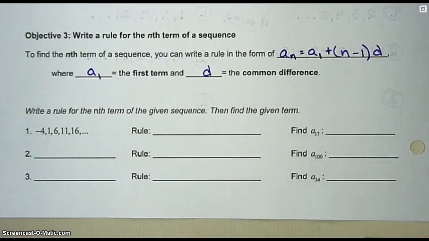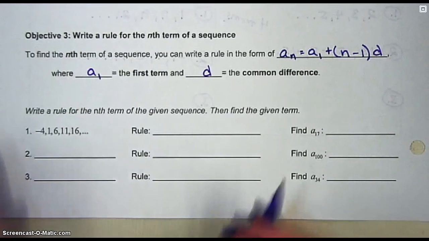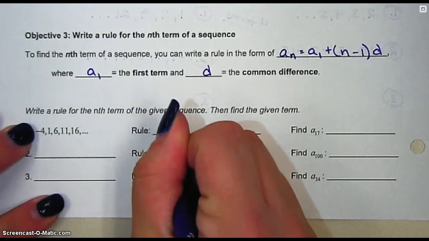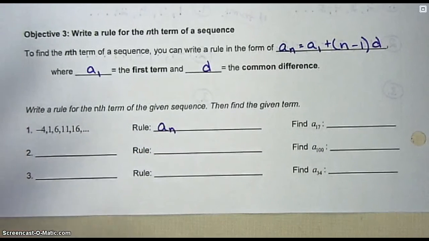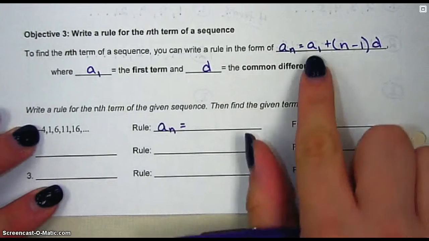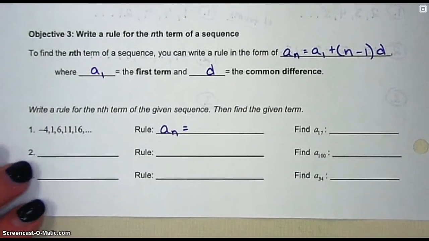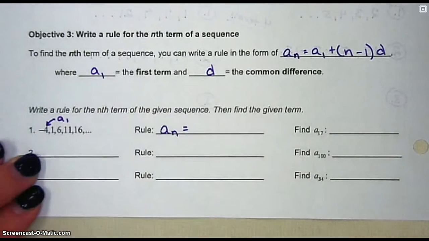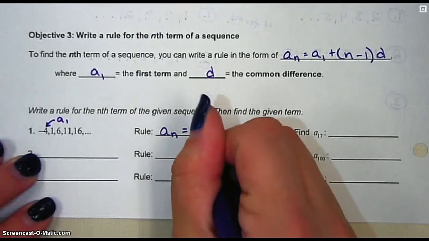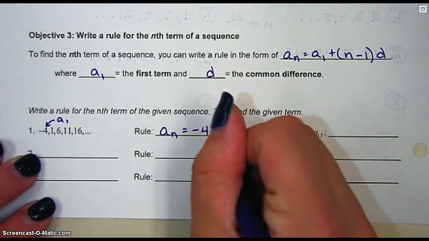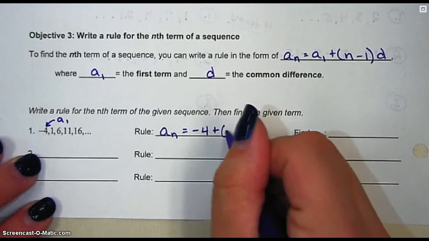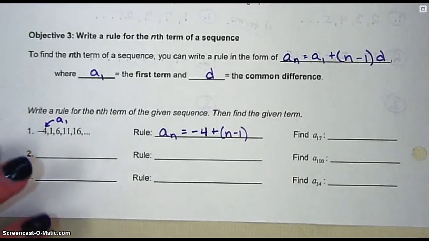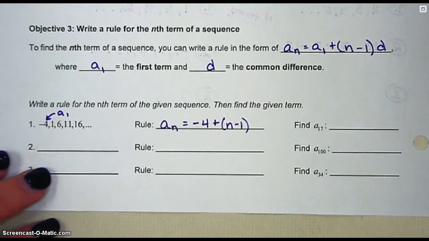So in number 1, it says write a rule for the nth term of the given sequence. The first thing we're going to write is a sub n, because that's like our y. The first thing we have to know is a sub 1. A sub 1 is the first term. So that's going to be -4. Plus, we're going to leave n minus 1 in parentheses because we don't know what the nth term is yet. That's like our x.